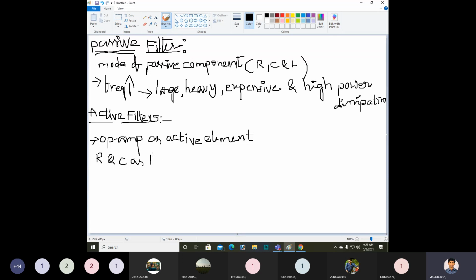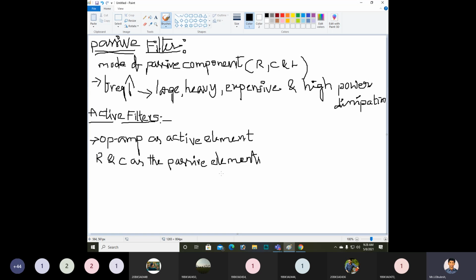You know that passive elements are resistor, capacitor and inductor. Active elements are transistor, FET, diode. All of these come under active elements.